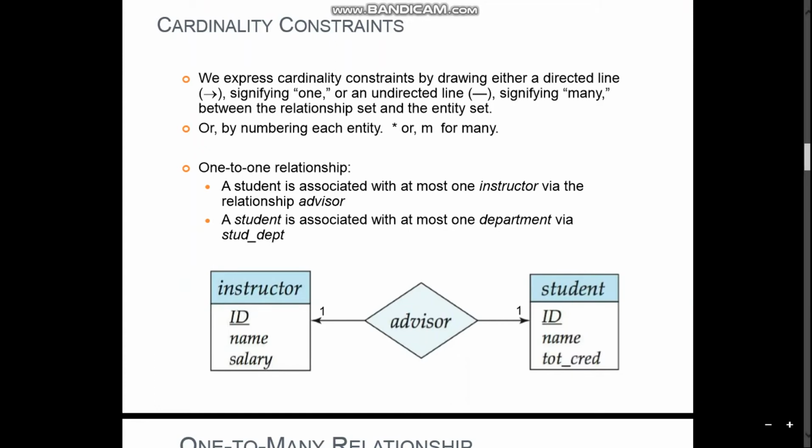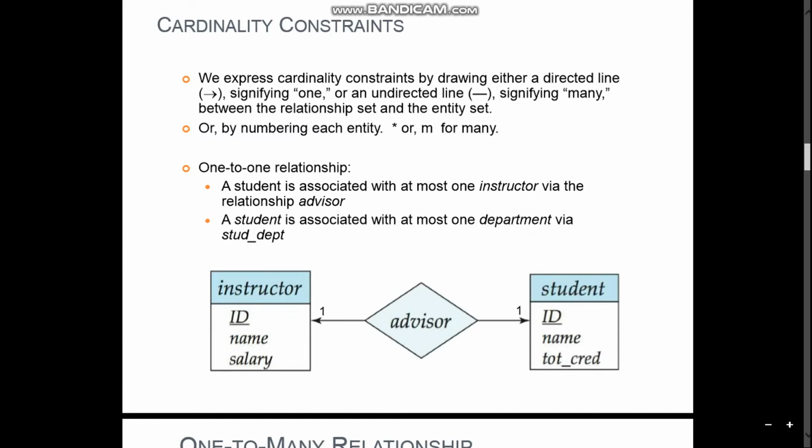Cardinality constraints: we express a cardinality constraint by drawing either a directed line like this arrow, which will indicate 1, or an undirected line which will signify many between the relationship. Sometimes we use a star, or M for many.